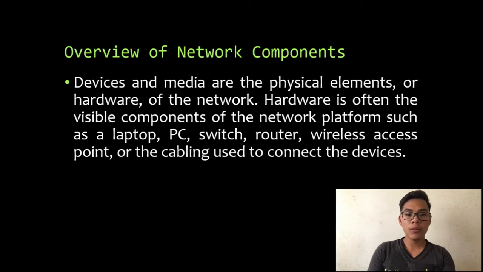Overview of network components. Devices and media are physical elements or hardware of the network. Hardware is often the visible components of the network platform, such as the laptop, PC, switch, router, wireless access point, or cabling used to connect the devices.